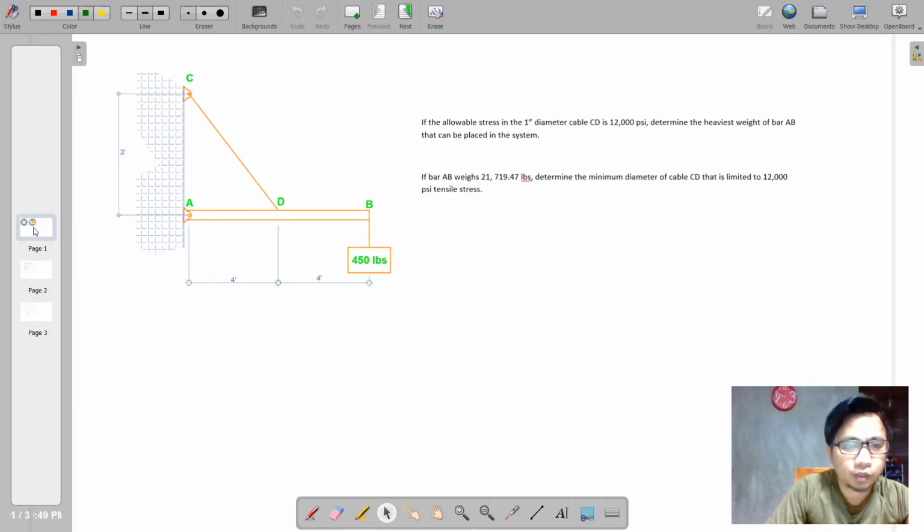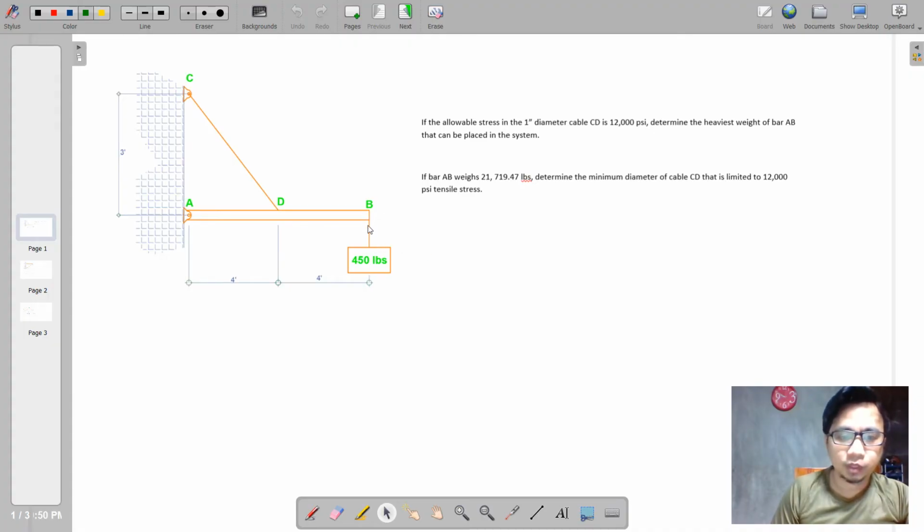So first we have here a bar that is supported by a hinge at E and another support, the cable CD. Cable CD is situated at the midspan of this 8 feet length bar.